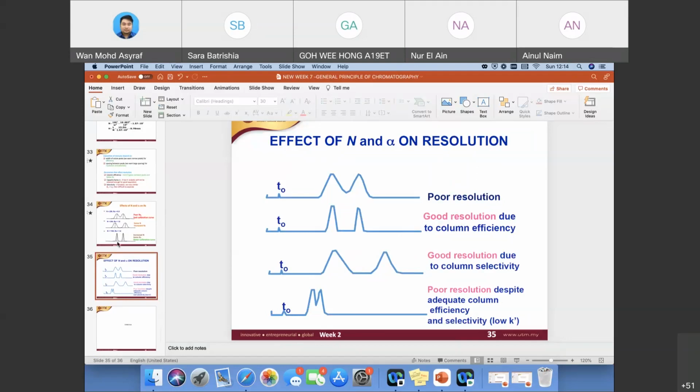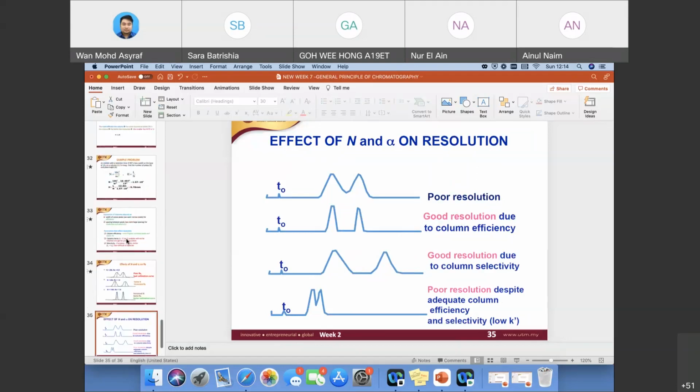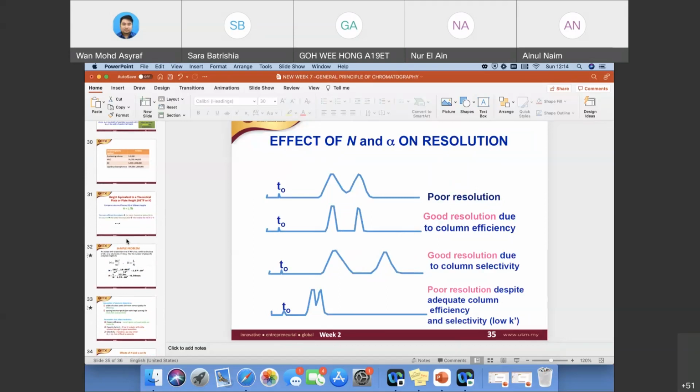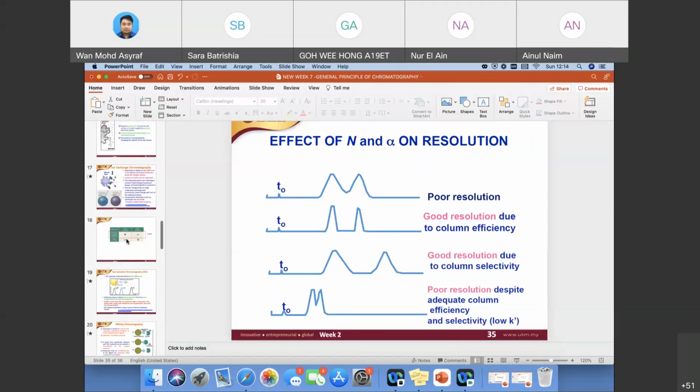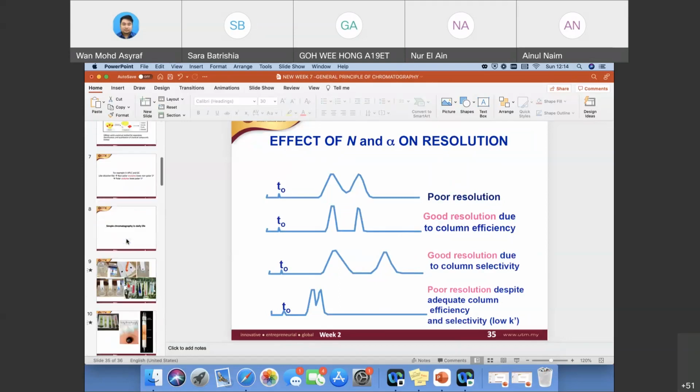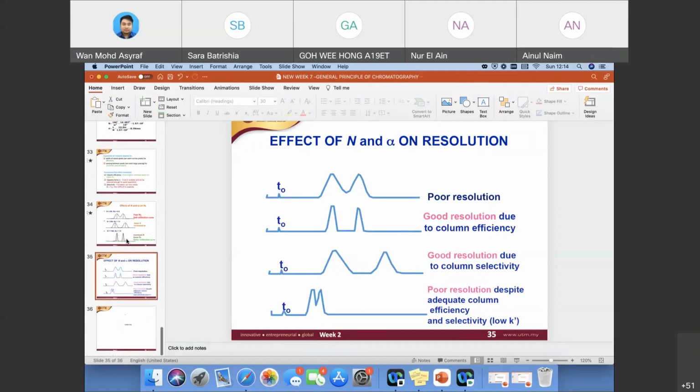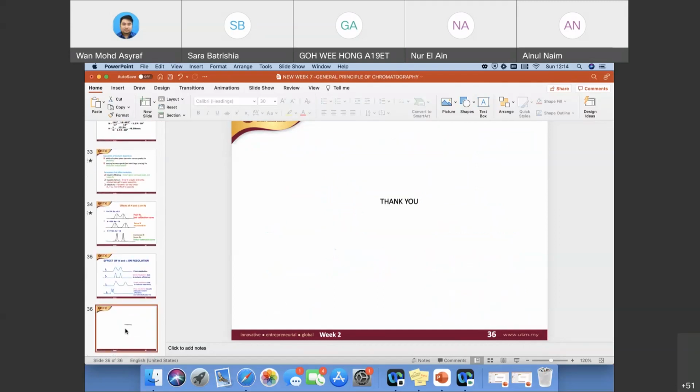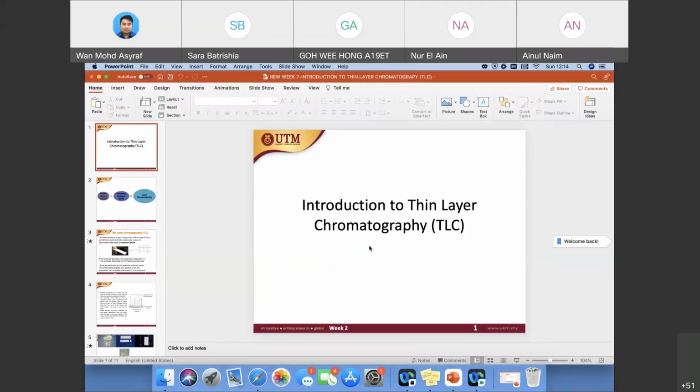Okay, I think that's it for this part. Do you have any questions for the introduction of chromatography? Any question? No question. Okay. Maybe I can try to see this first.